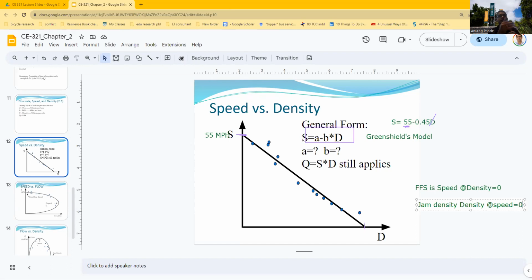So it is so congested that nobody can move. That's my speed equal to 0 point. Density will be pretty high at this point. To derive that, I can take my equation of speed equal to 55 minus 0.45 times D, and then set speed equal to 0. So if I cut that out, I just say speed is 0 now.